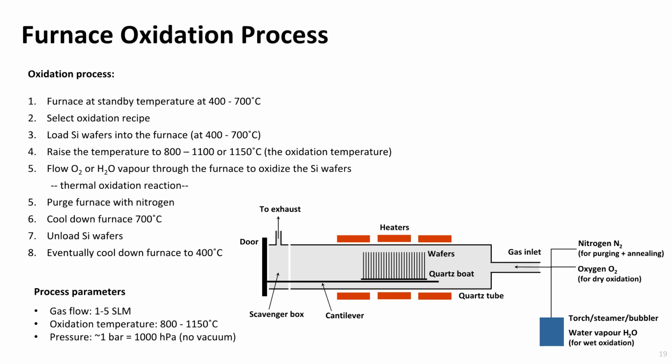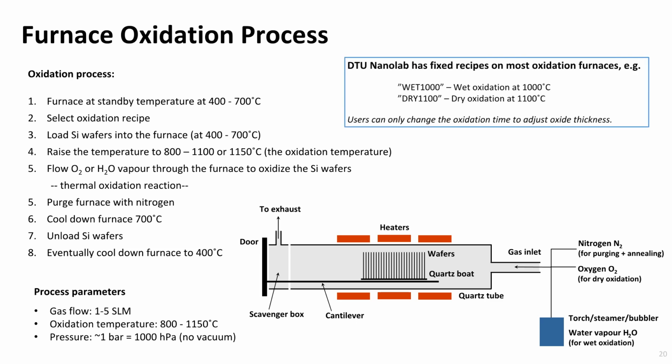The gases are removed by the cleanroom exhaust system through the scavenger box. The furnaces at DTU Nanolab have several fixed recipes for both wet and dry oxidation, for example wet 1000 for wet oxidation at 1000 degrees or dry 1100 for dry oxidation at 1100 degrees. Users can only change the oxidation time to change the thickness of the grown oxide layer.